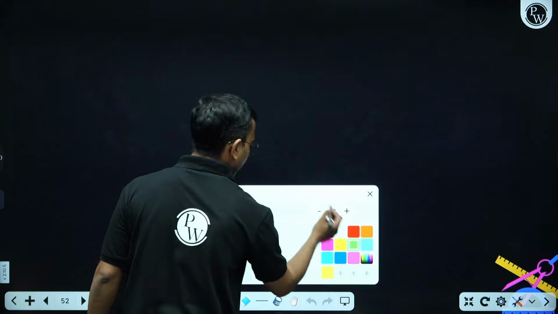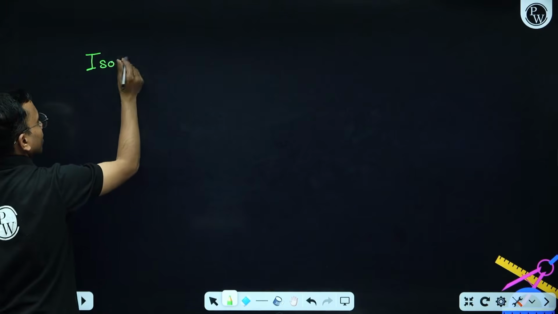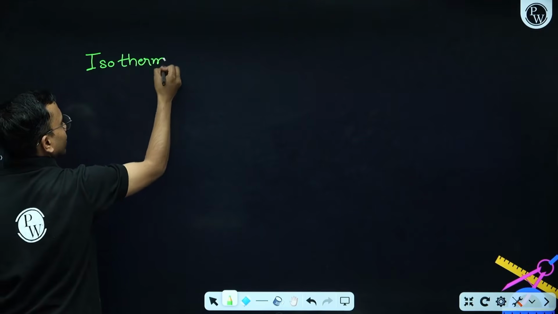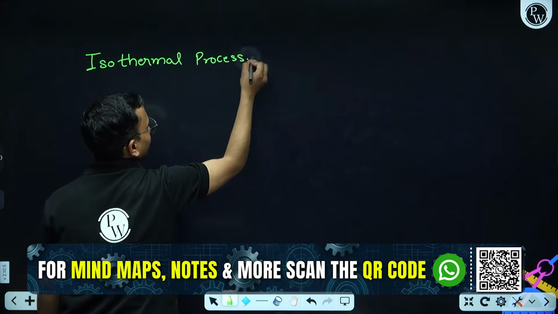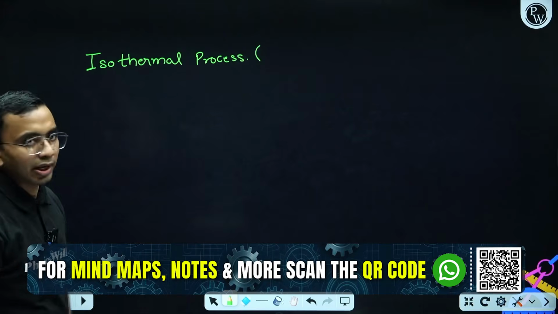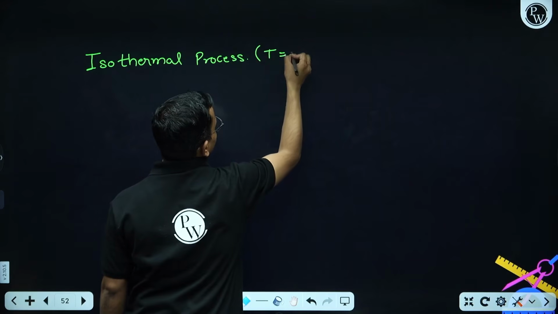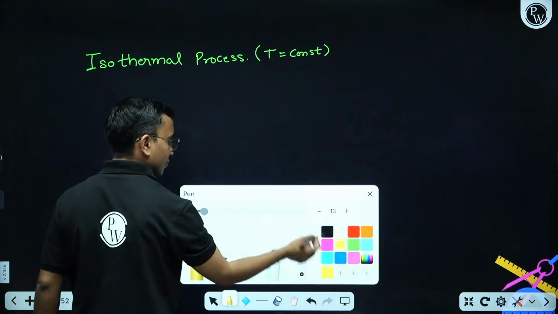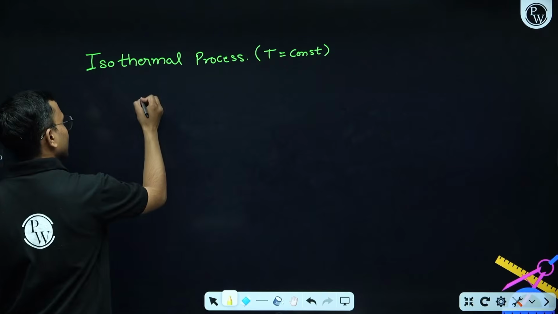Now let us talk about the isothermal process. Isothermal process means my temperature is constant, so T is constant. If temperature is constant, how will we write the work done?